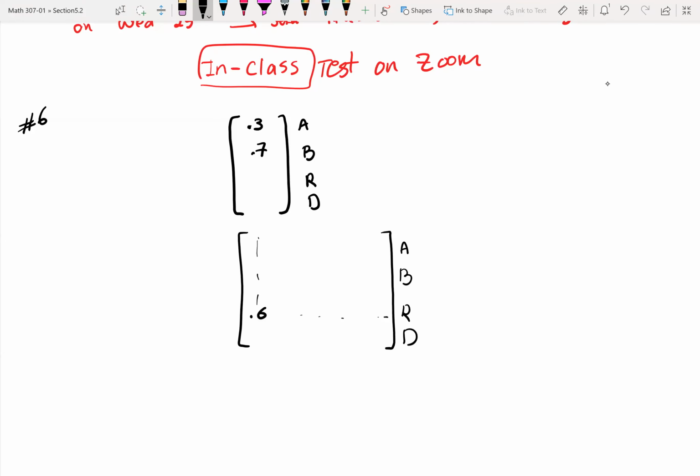And then the next one: 20% remain ambulatory, and 20% became bedridden.